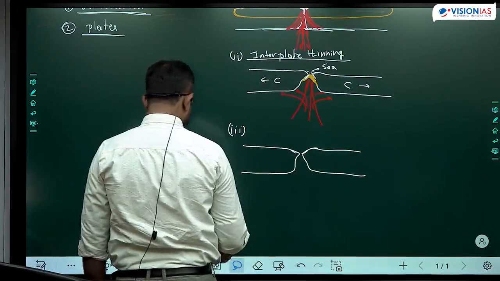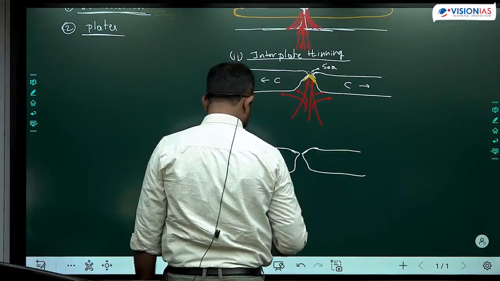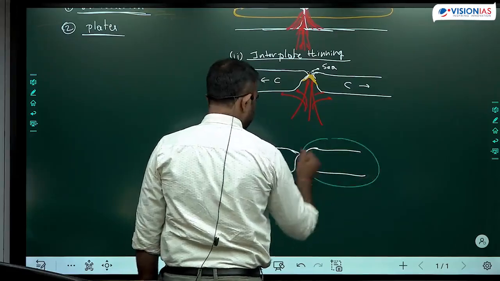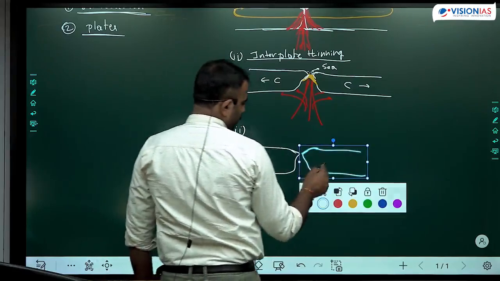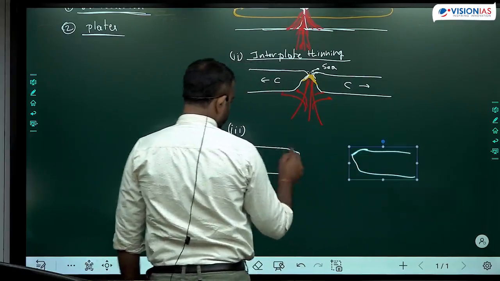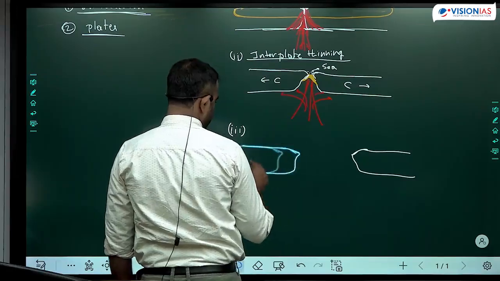Here there was a sea in between. Over a long period of time, this moves sufficiently apart. This also moves sufficiently apart.